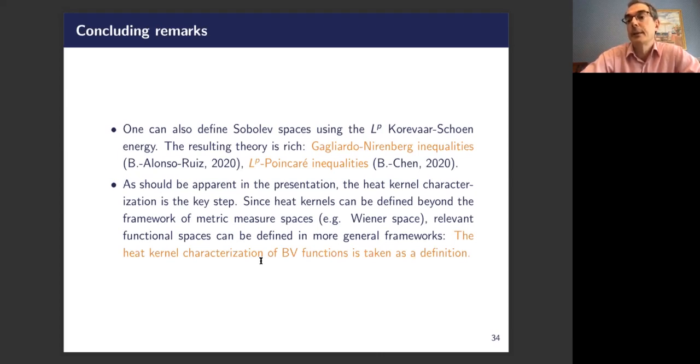So, for instance, to develop the theory of BV functions in infinite dimensional spaces like the Wiener space, instead of using the semigroup dimension, we will have to use hypercontractivity of the semigroup, where isoperimetric inequalities, like I presented them, should be understood as a Gaussian isoperimetric inequality in a form which is independent of the dimension. So the theory is still in development, I should say.